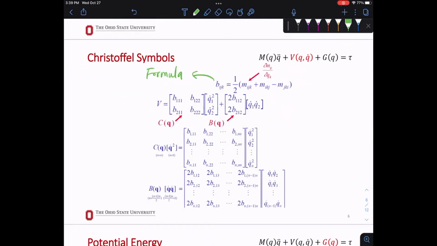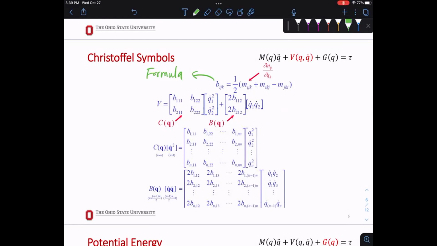So B_ijk is 1/2 of M_ijk from the mass matrix plus M_ikj minus M_jki. So follow this formula. If you want to know how it was derived, you just have to do a little bit more research. But for us, having that is enough because then we can populate the two matrices, this matrix and this matrix.